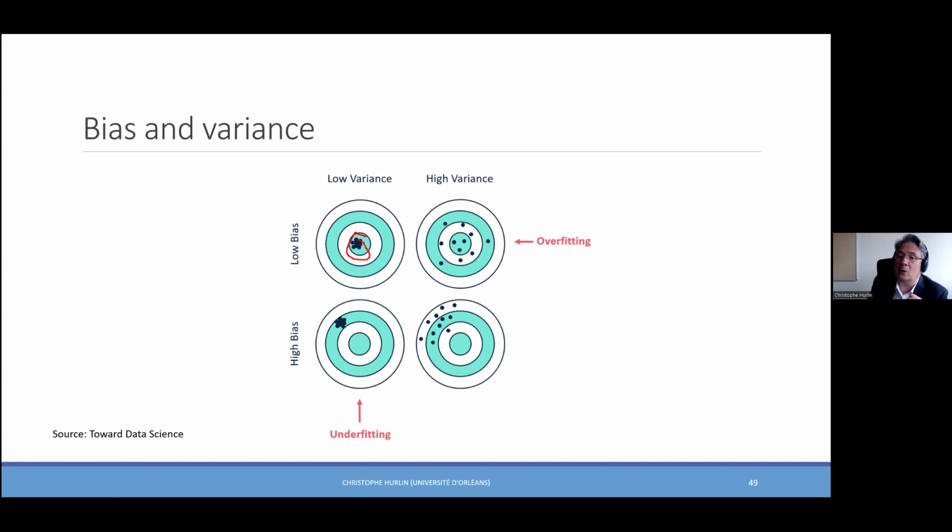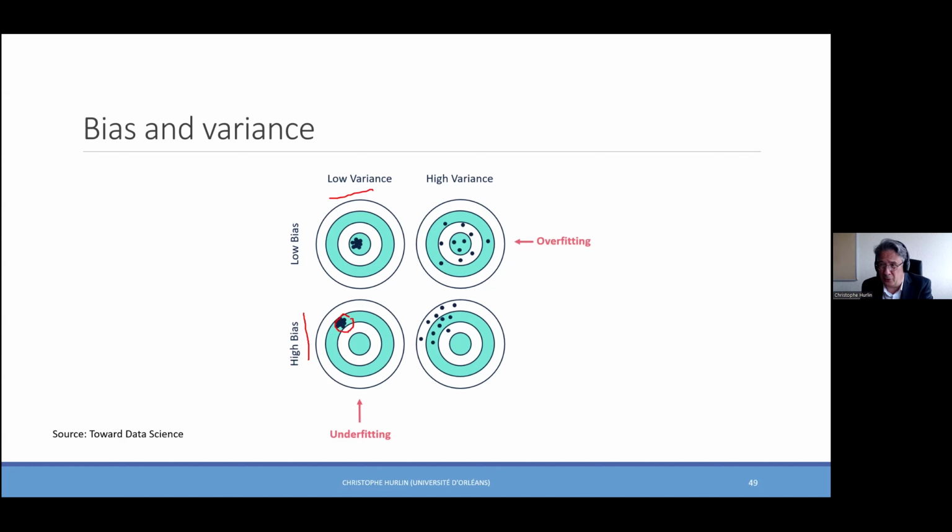A model with a low bias but a high variance means that on average your forecasts are good because they are close to the expectation of y, but the dispersion of your predictions is large.